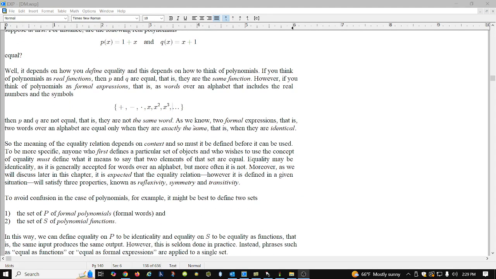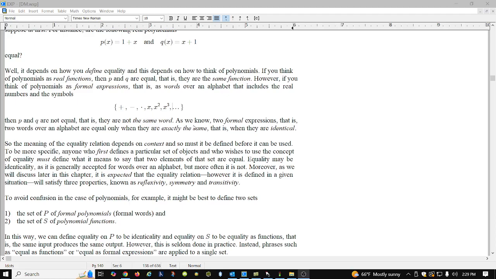So to be a little more specific, anyone who first defines a particular set of objects, such as polynomials, and who wishes to use the concept of equality, which should be just about everybody, must define what it means to say that two elements of that set are equal.